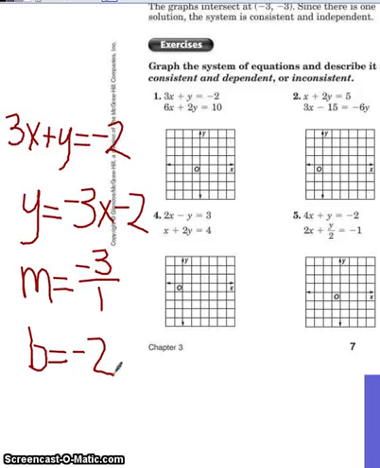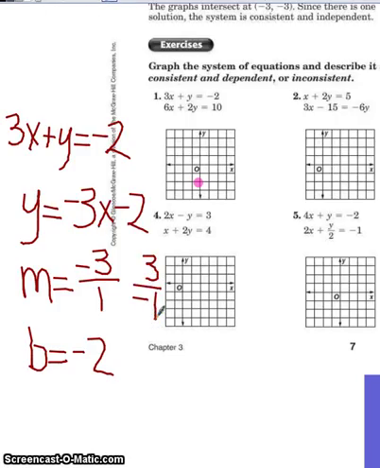So I'm going to go over here to my graph, and I'm going to start at negative 2, and I'm going to put a point. Because my slope is negative 3, I know I'm going to have to go down 3 and over 1, correct? But do I have enough room to go down 3? Can't I write that slope as 3 over negative 1?